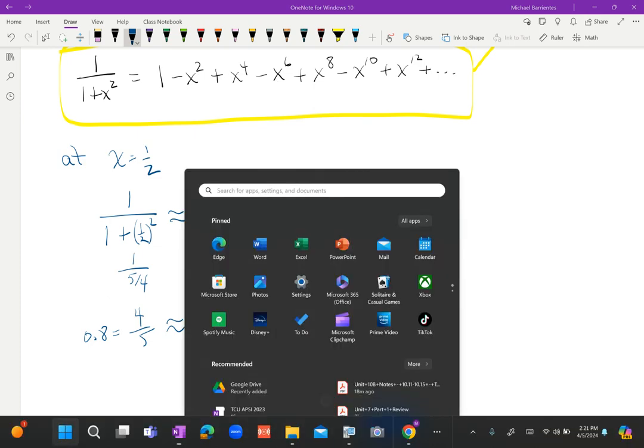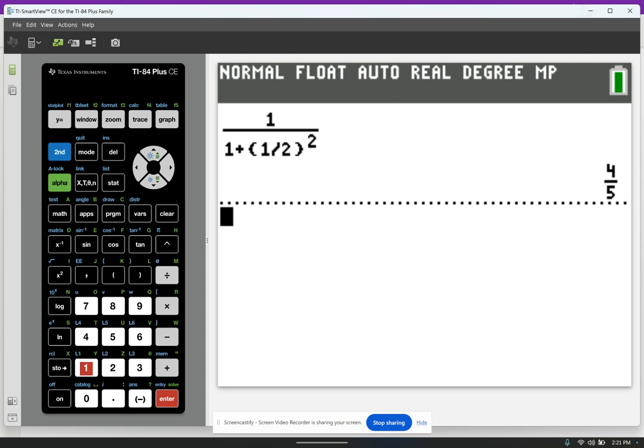Let's see. Go to my calculator. 1 minus parentheses 1 half to the power of 2. Oh, to the power of 2. Added on to parentheses 1 half to the power of 4 minus.